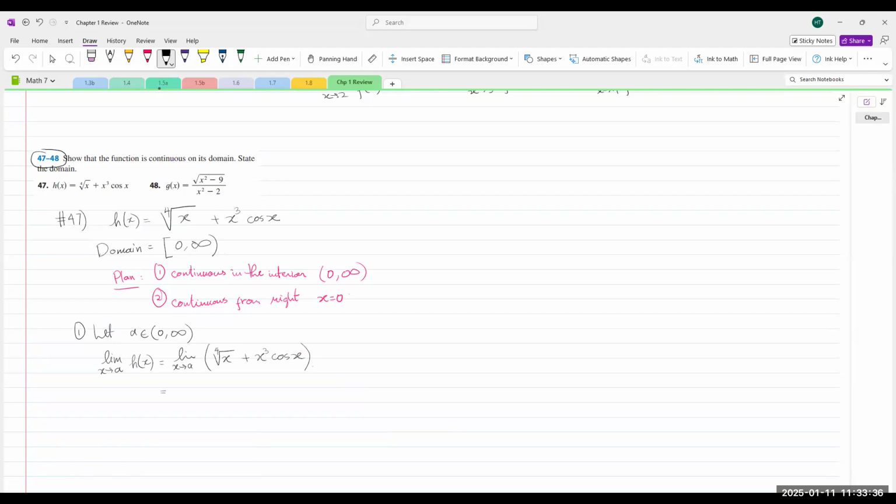This is equal to the limit of a sum is the sum of the limits. You may say, oh, Thomas, can we just say that a is already in the domain, so it must be continuous? We cannot, because that's what they ask us to show. The question is not about what the limit is. The question is why it is continuous. So continuity is the one in question. We need to show that. So we use the limit properties: the limit of a sum equals the sum of the limits.